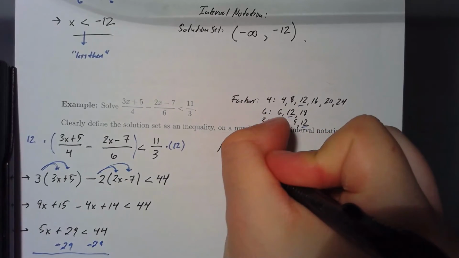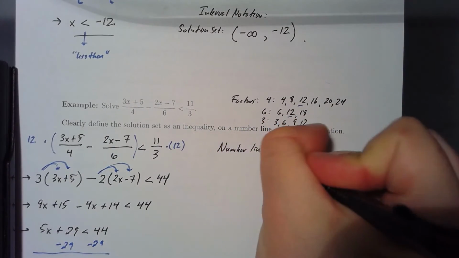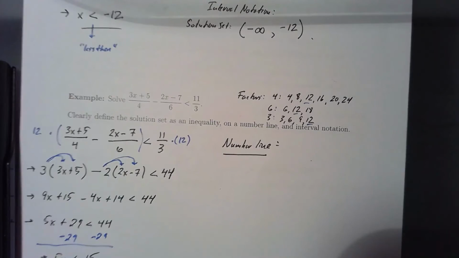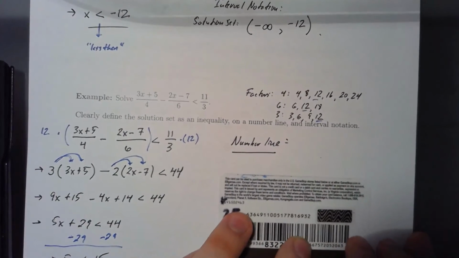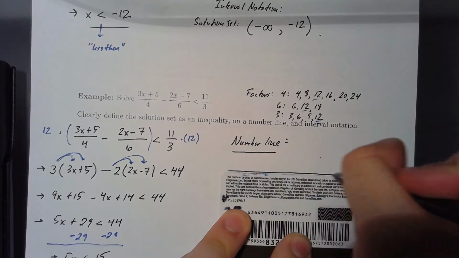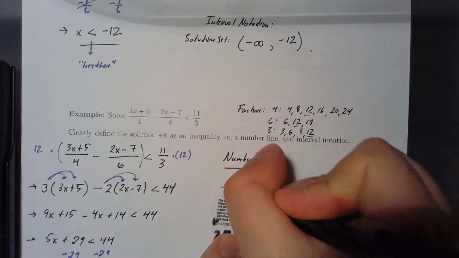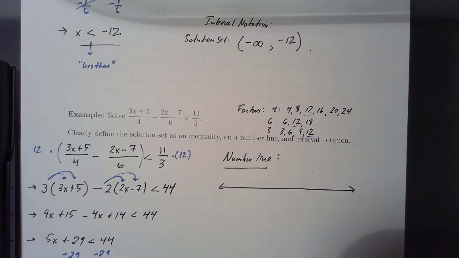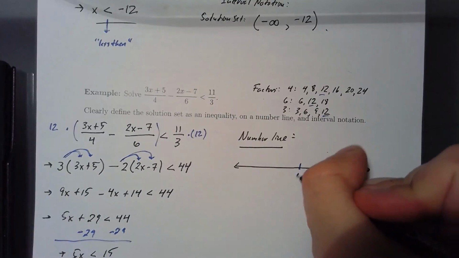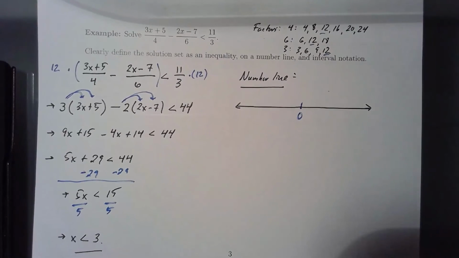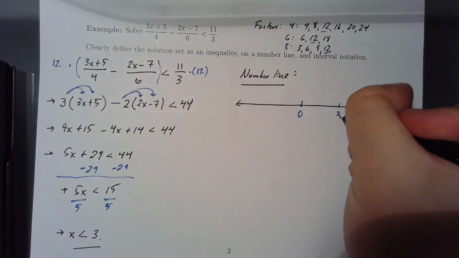So again, number line. I like to put 0 there. So 3 is a positive number, so that's over here.